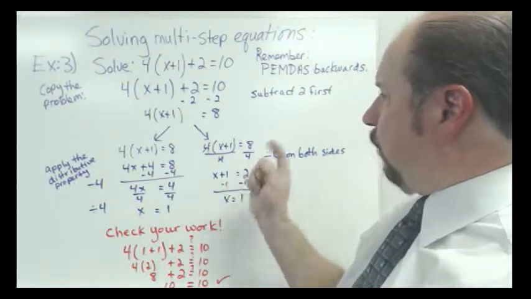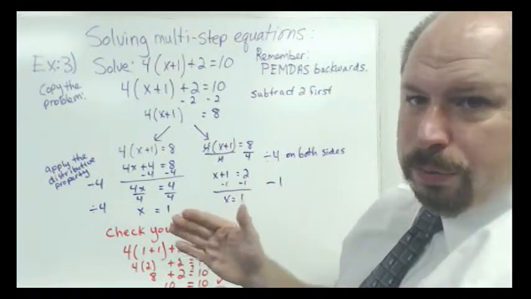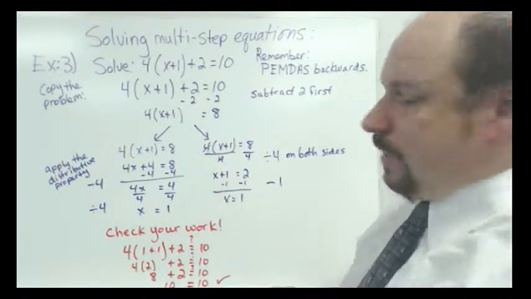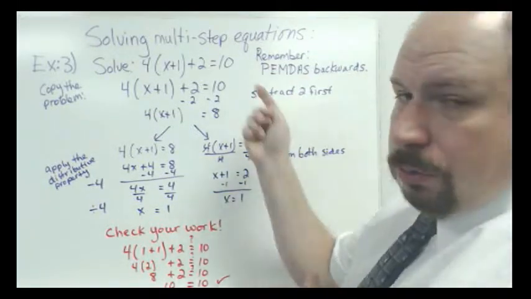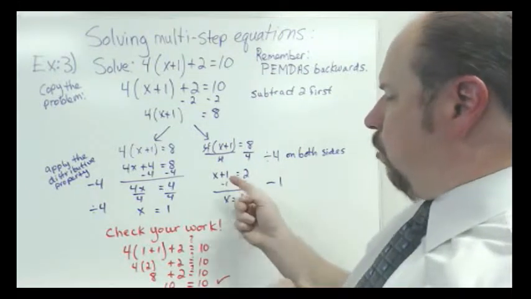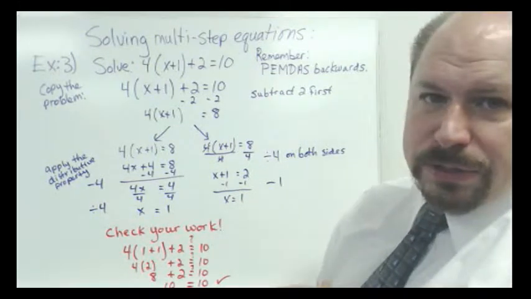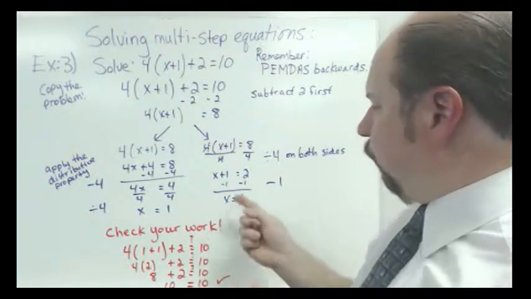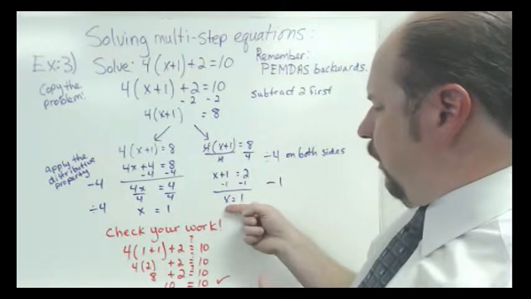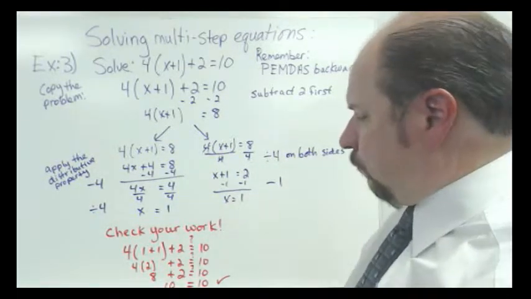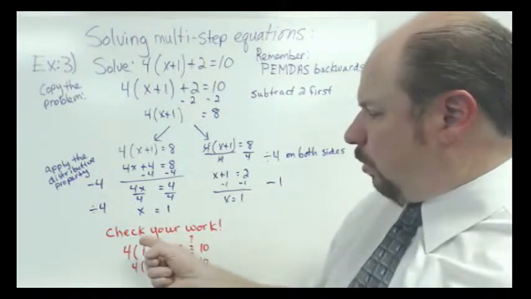And now that we just have the parentheses by itself, drop the parentheses, and start working again backwards. All we have is the x plus 1, so we're going to subtract 1 from both sides, and we get x equals 1.